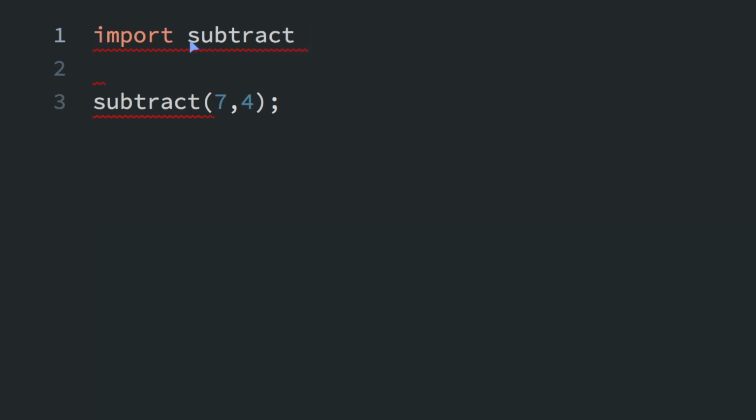If it's not a default export, you would put curly braces around this. But it is a default export, so we are not going to use curly braces. But we still have to say what it's from. So from mathFunctions. Okay, so that is how you would import a default export.